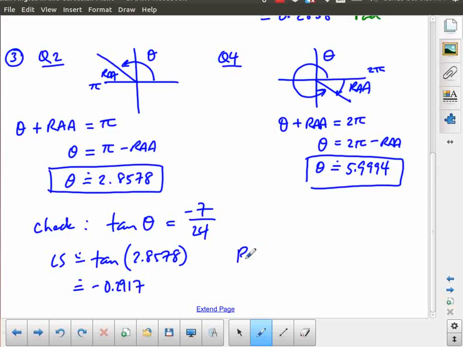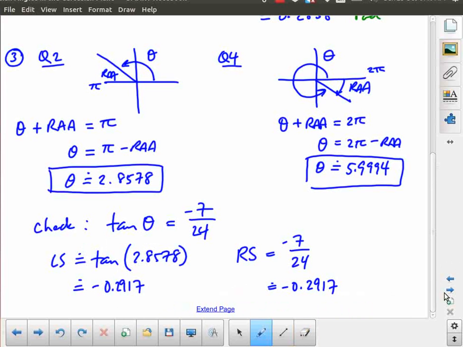And my right side is equal to negative 7 over 24, which, and again, I'm going to just give an approximate value for this, 7 divided by 24, is approximately equal to negative 0.2917. Now these are not exactly the same because I've rounded, but it's a pretty good confirmation that what I've done here is correct.